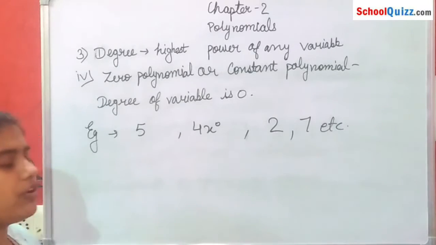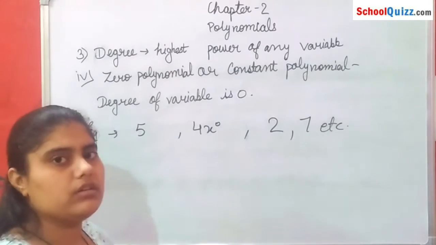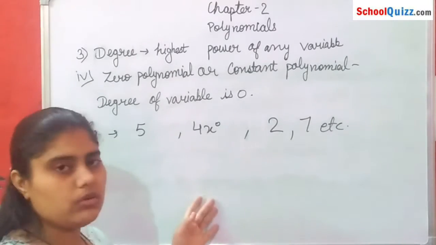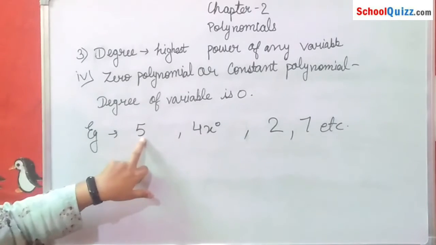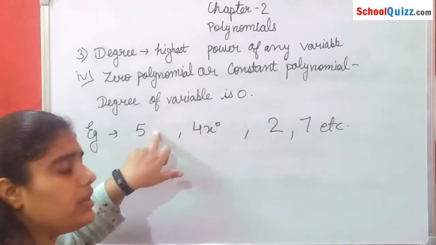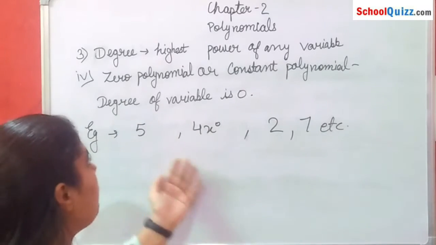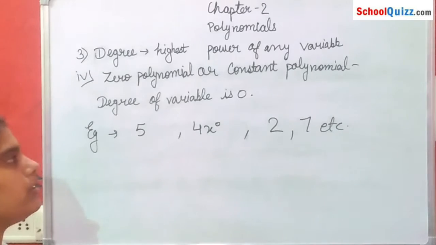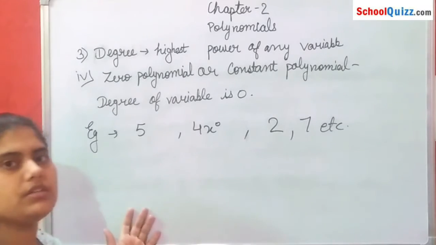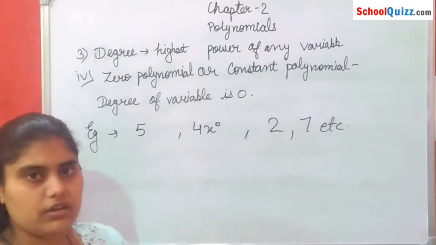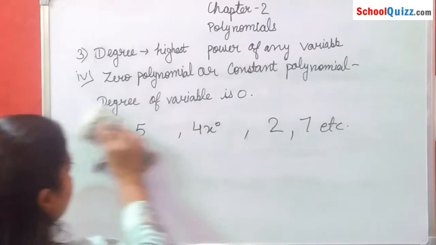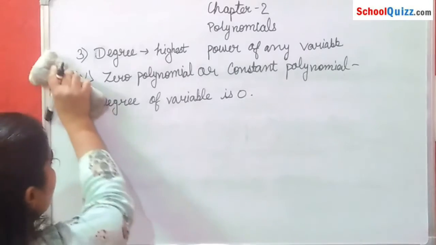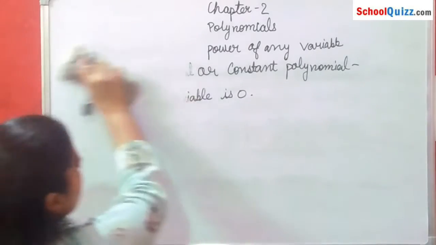As you know, any number with power 0 becomes 1. So here 5 also has a power of variable as 0. These types of polynomials are known as zero polynomial or constant polynomial, because they contain only constant terms. There are no variables present in them. These are the four types of polynomials on the basis of their degrees.